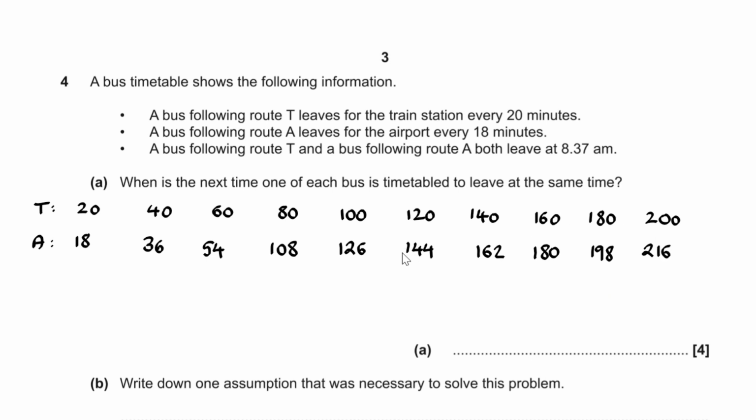So we've got the multiples of 20 and 18 listed here, and therefore the lowest common multiple you can see is 180.